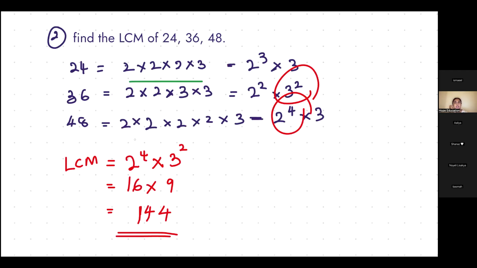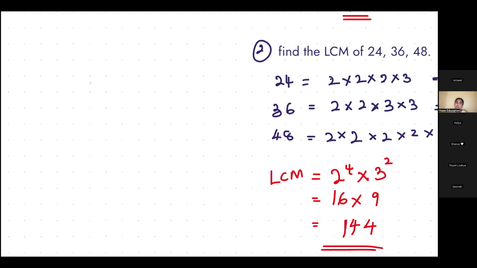For these factors, we are always getting prime numbers. If you take 2, the factors of 2 are 1 and 2. If you take 3, the factors of 3 are 1 and 3.